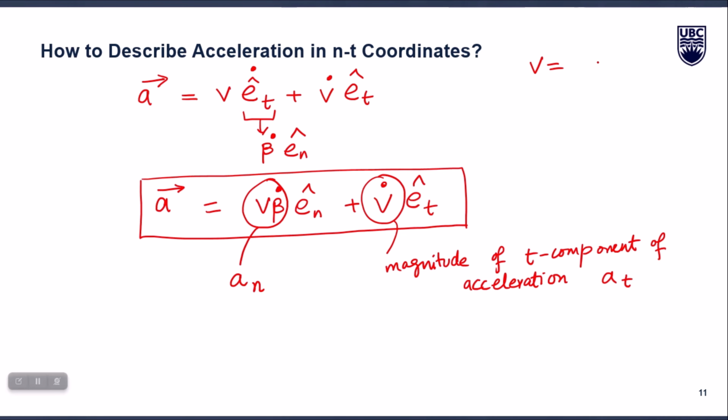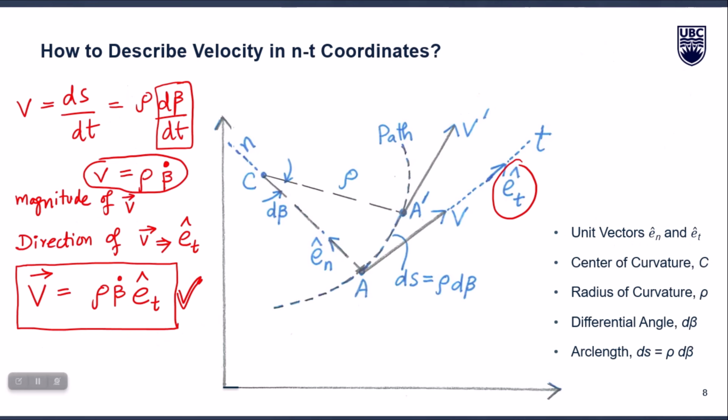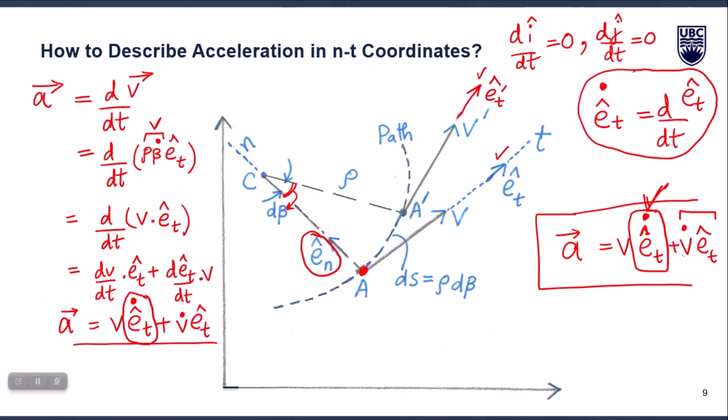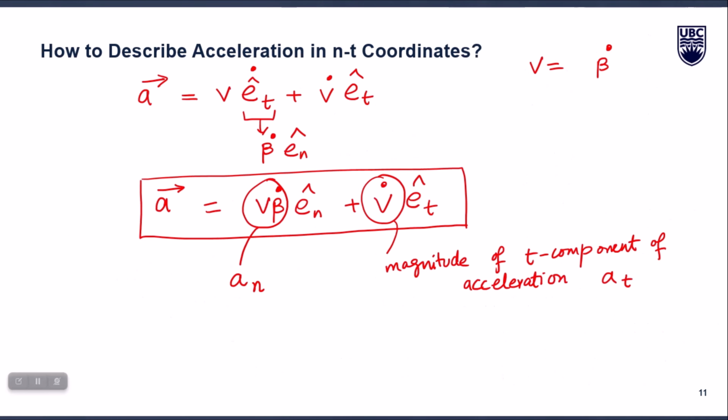Let me just confirm, v was equal to rho times beta dot, right? So beta dot can be written as v over rho here, right? So when I introduce this beta dot in the acceleration equation, acceleration will become v square over rho times e sub n plus v dot e sub t, right?